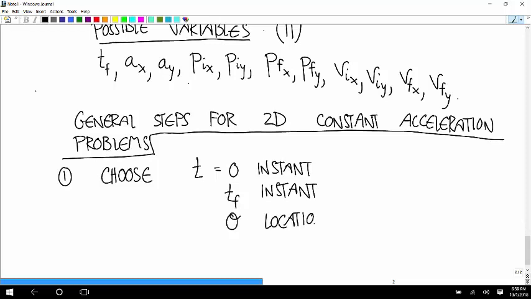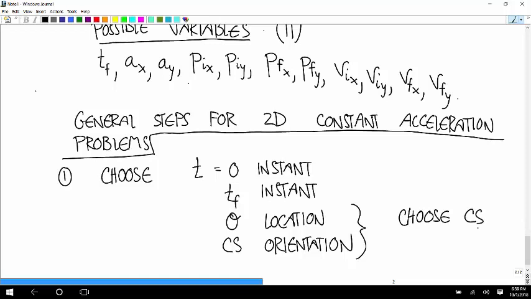That's the two-dimensional version of your 0 position, and you have to choose the coordinate system orientation. That's the two-dimensional equivalent of choosing your positive direction. And these two together, a lot of times I'll just call that choose your coordinate system. But there are two parts to choosing a coordinate system. One is the orientation of the axes, and the other one is where you put the origin.